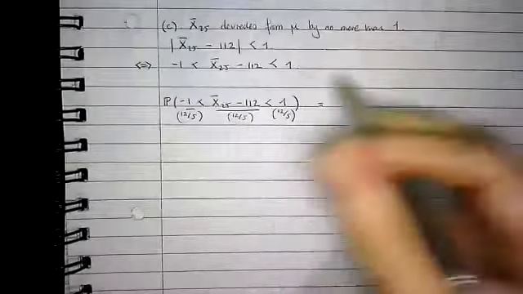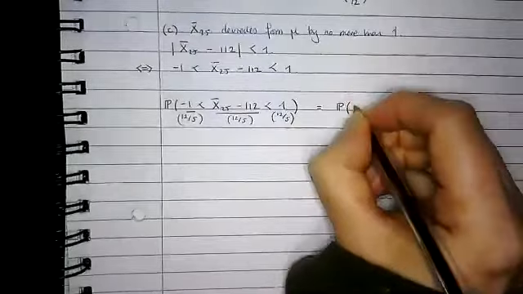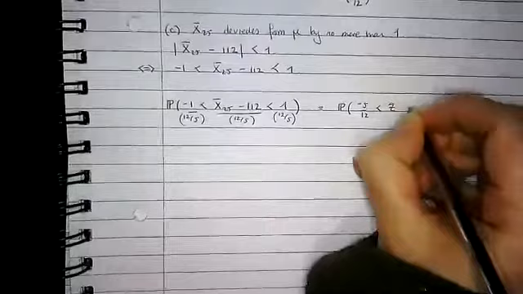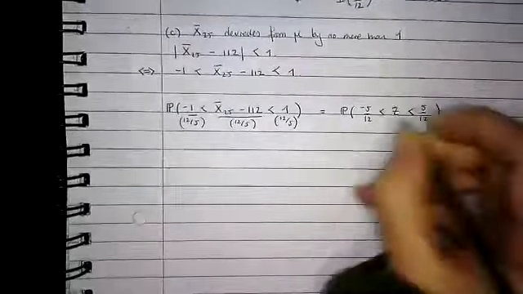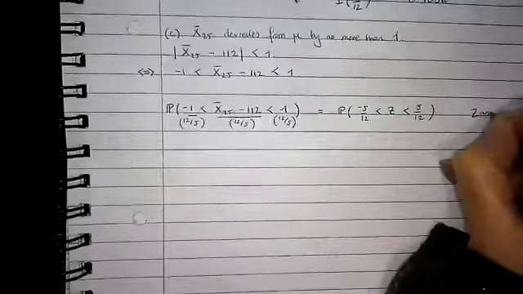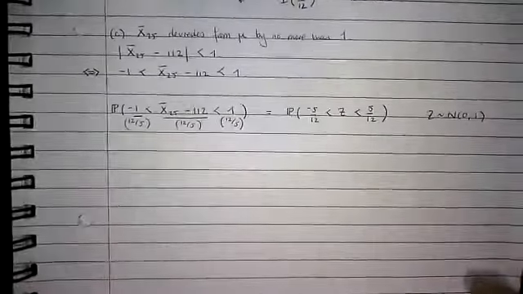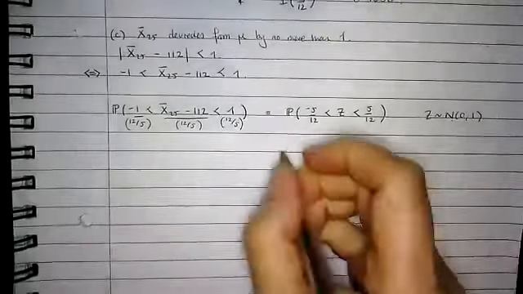Now I've got minus 5 over 12 is less than z is less than 5 over 12, and z is a standard normal distribution with parameters 0 and 1. So from here, I can use the CDF of the normal distribution.